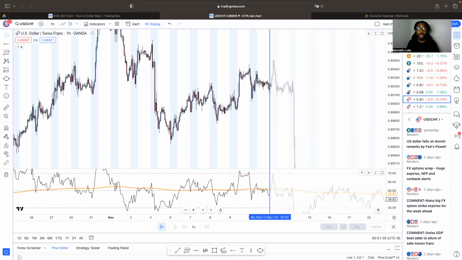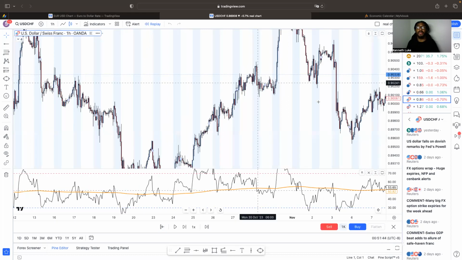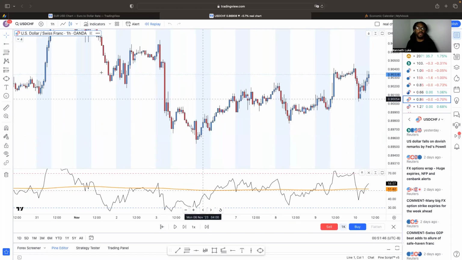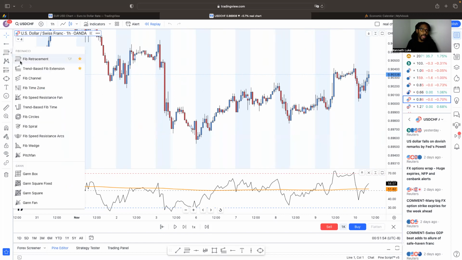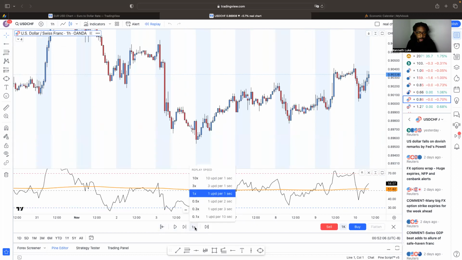I want to show you exactly what I mean by how powerful this tool is, and how you can use the Fibonacci to execute a lot more trades in the market and not be so scared to actually take a trade. All right, now we're going to do that. We're going to try to slow this button down.